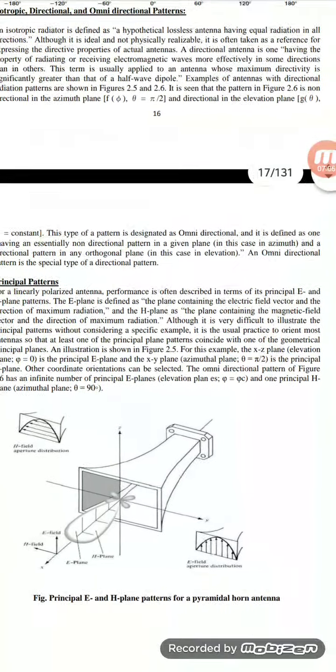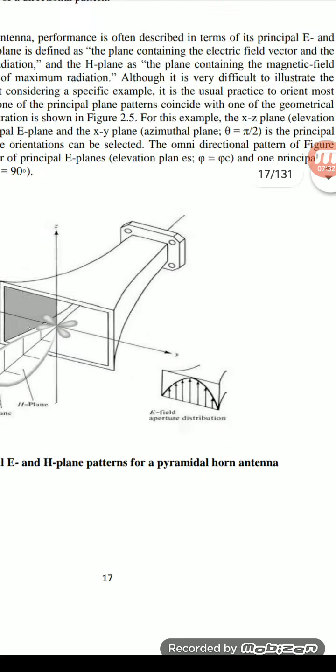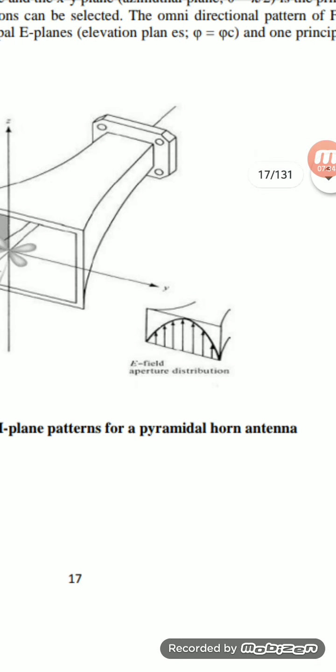Next, the principles of patterns. These depend on the E plane or H plane, which also depend on the x, y, z axes. This is the E plane, the E field distribution.